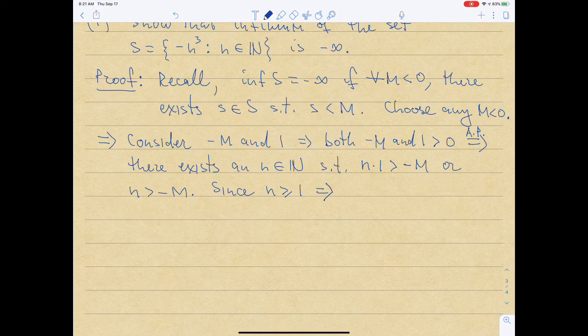So if n is greater or equal than 1, if I multiply both sides by n, then I'll have n squared is greater or equal than n.